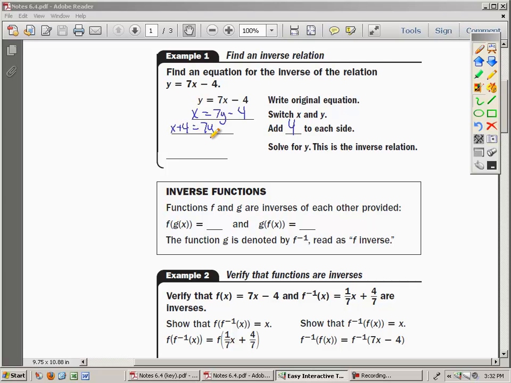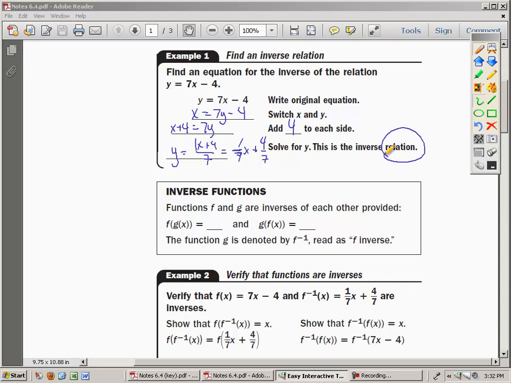When we divide both sides by 7, we get y equals (x plus 4) divided by 7, or you can say 1/7 x plus 4/7. Because if you split that up, it's 1x over 7, that's 1/7 times x, plus 4/7. All right, so this would be our inverse relation.